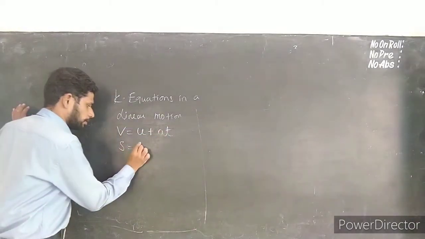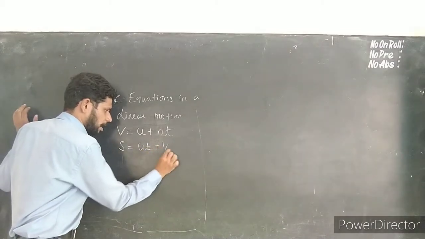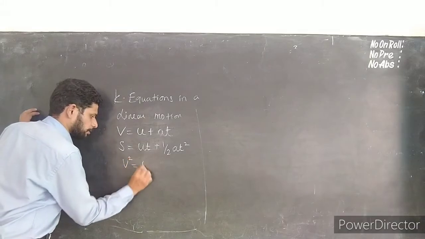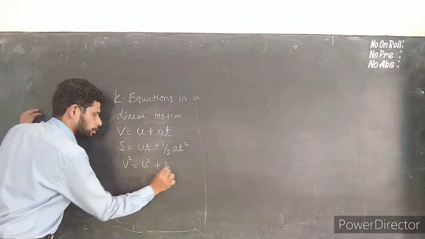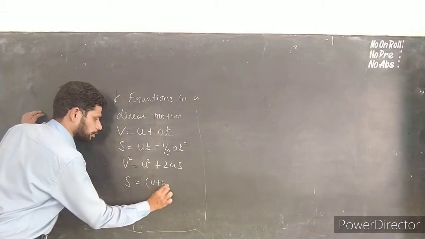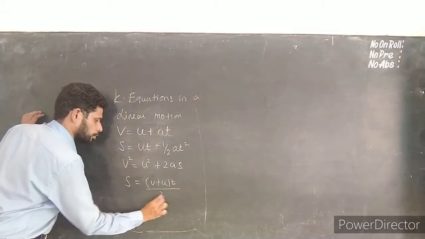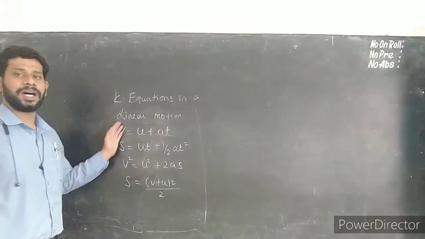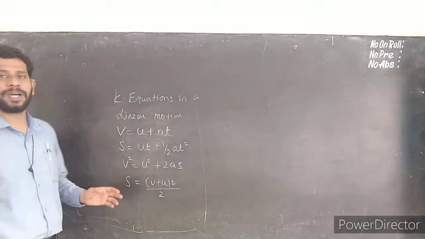S equals ut plus half at squared. V squared equals u squared plus 2as. S equals (v plus u) t by 2. These four are called kinematic equations for linear motion.